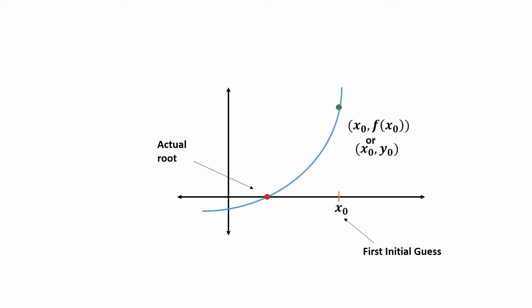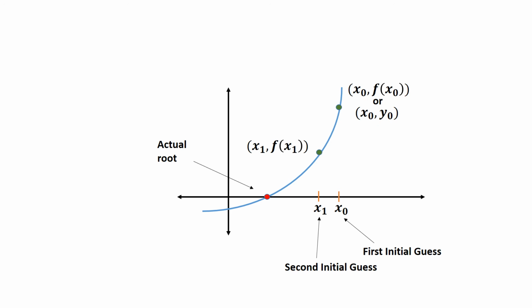You don't need to be worried about the positive or negative value of the function, and you don't need to check whether it gives you a positive or negative value. You just choose one initial guess, and then you choose another initial guess. See, student, this x1 is the second initial guess here. This corresponds to this point, x1, f of x1.